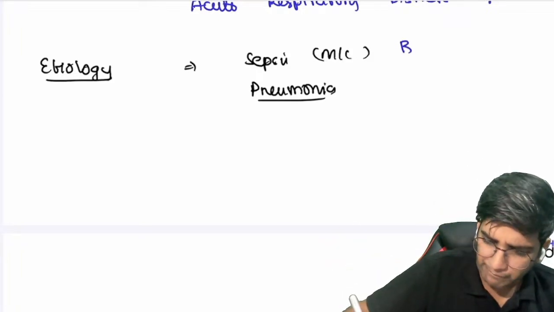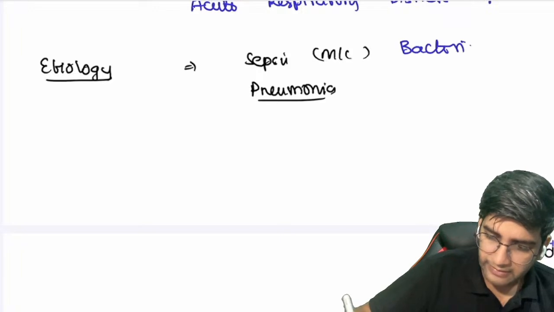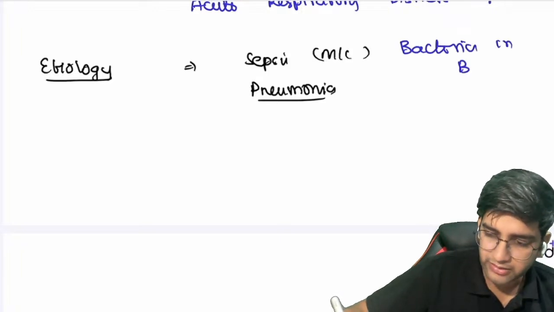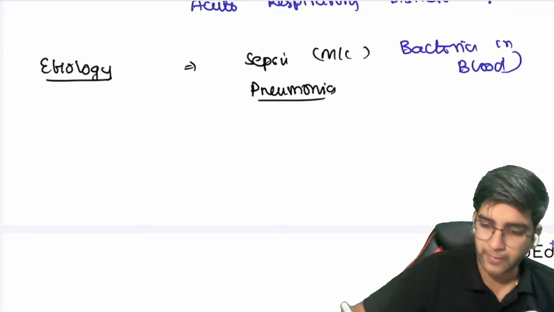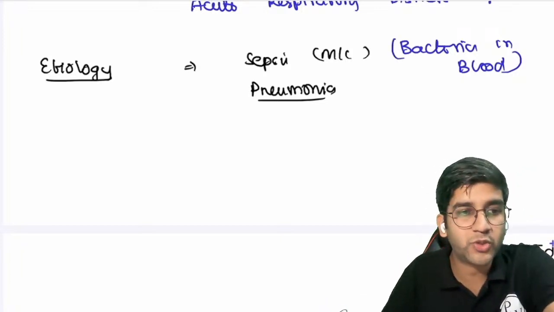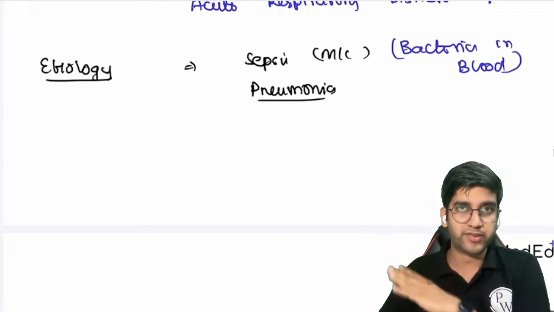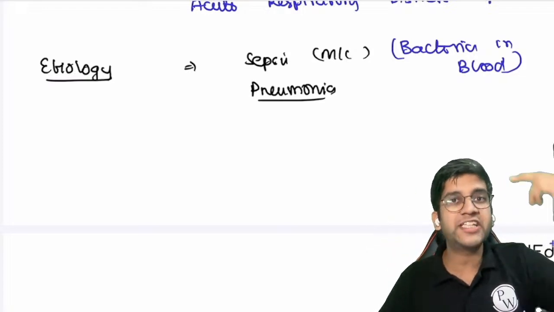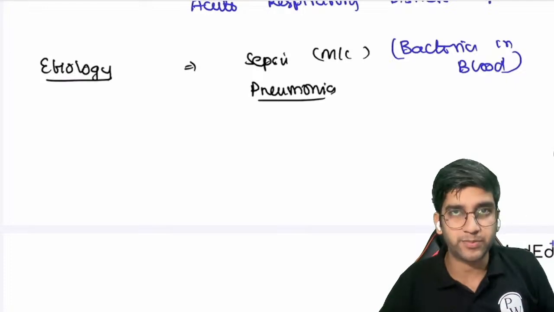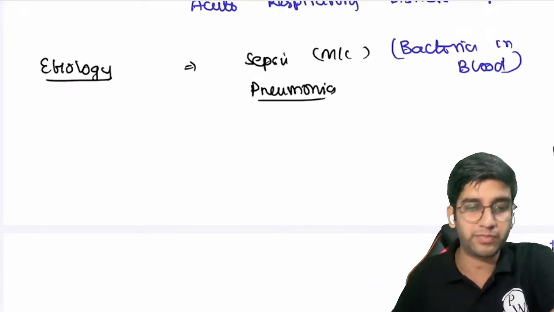Sepsis is nothing but bacteremia. Bacteria in blood is called sepsis or septicemia. The bacteria is not confined to an organ; it's in the blood. Shock is a state of sepsis. If I have bacteria going into the blood and dividing in the blood, I call it sepsis. That's all, as simple as that.